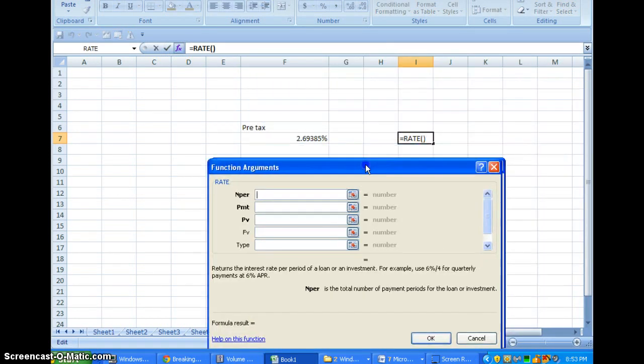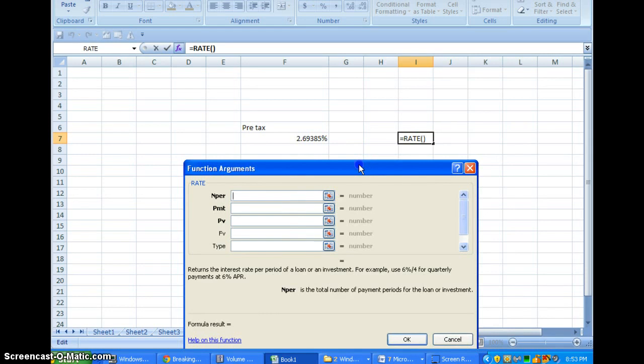Now, here's what I did. What's the number of periods? It pays semi-annual. If you read the problem, the firm has a debt issue outstanding with 18 years to maturity, and it makes semi-annual payments. So it should be 36.